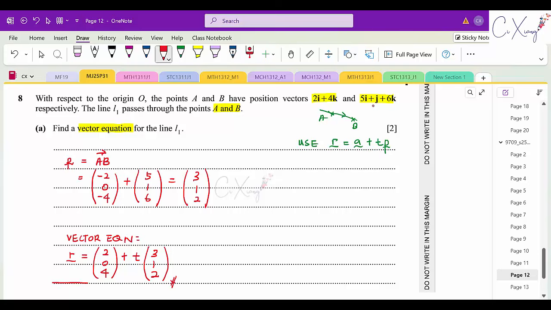And this is your vector equation. This is the column vector form. If you don't want to put it in the column vector form, of course you can put it into the ijk form, where r will be equal to 2i plus 4k plus t times (3i plus 1j plus 2k).